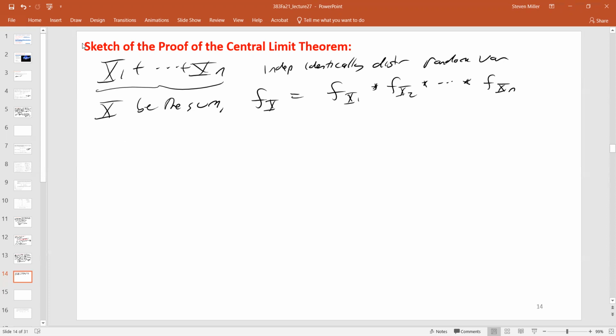And now if we take the Fourier transform at some point, that becomes the product, k goes from 1 to n, of the Fourier transform of each one at some point x.